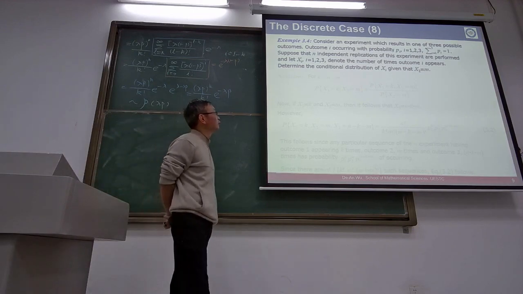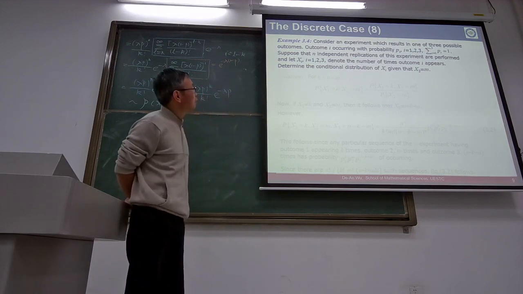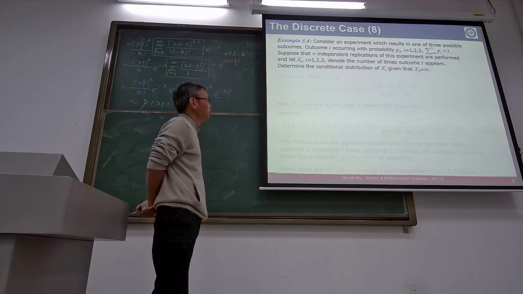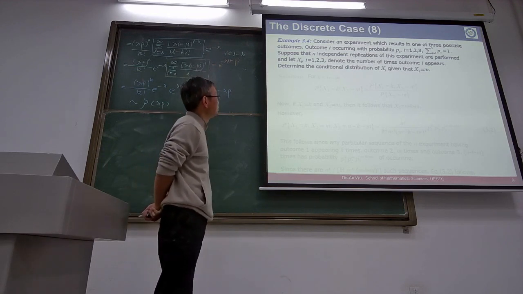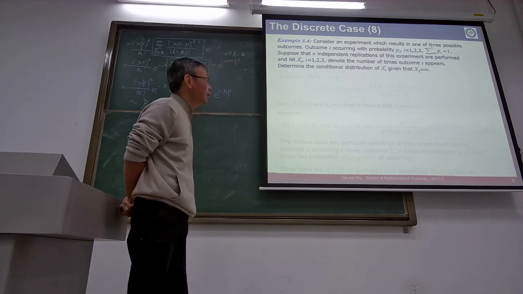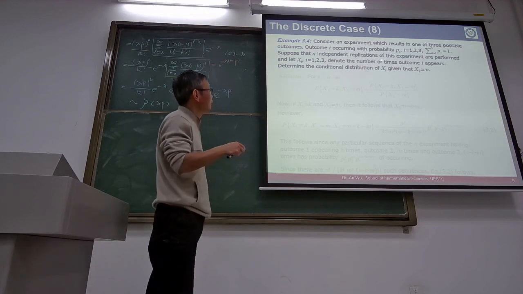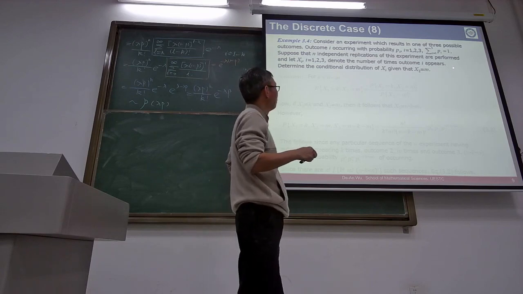Consider an experiment with one of three possible outcomes. Outcome i occurs with probability p_i, where the sum of p1, p2, and p3 equals 1. Suppose that independent replications of the experiment are performed, and let X_i, i equals 1, 2, 3, denote the number of times outcome i appears.